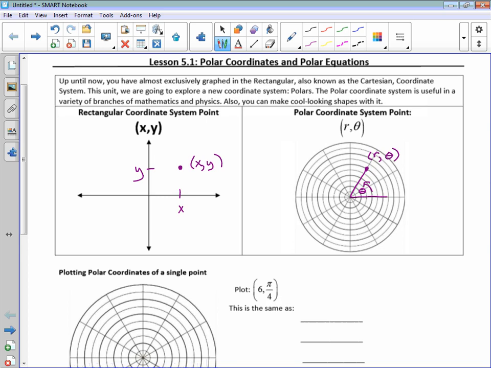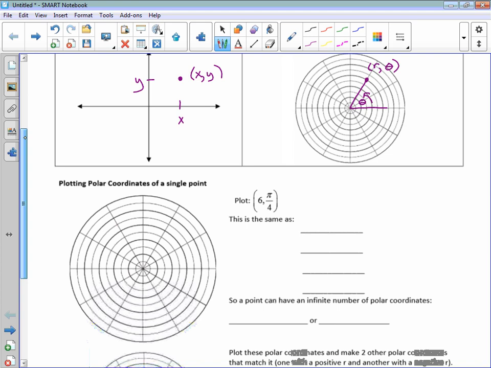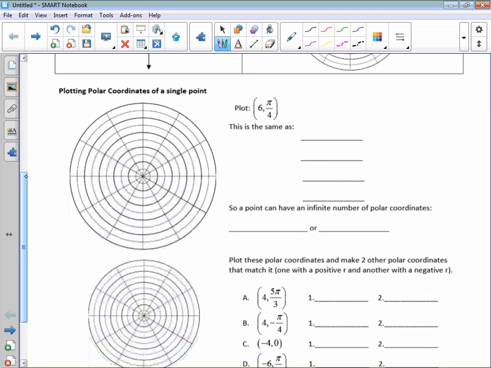Okay? All right. So let's look down here. On your polar grid here, you don't have every angle marked. This is essentially like 0 radians. This one is pi over 6. This one is pi over 3. This is pi over 2.